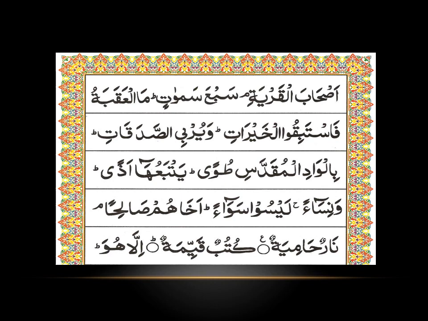Wa yurbi sadaqat has a ta at the end, that's called ta maftuha. Fastabiqul khayrat, Sab'a samawatin, the ta at the end is called ta maftuha. So open ta, closed ta and open ta. Marbuta means closed and maftuha means opened. So if it's an opened ta, then it doesn't become ha. And if it's a round, closed ta, it turns into ha. So you have to remember that, inshallah.